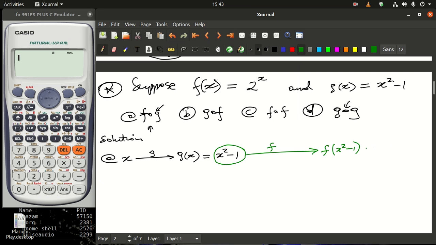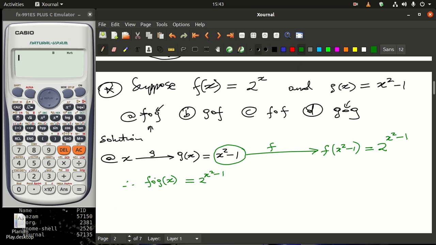So I'm going to have 2 to the power x squared minus 1. That's what is happening. This simply means that f composite g of x is just the same as 2 to the power x squared minus 1.